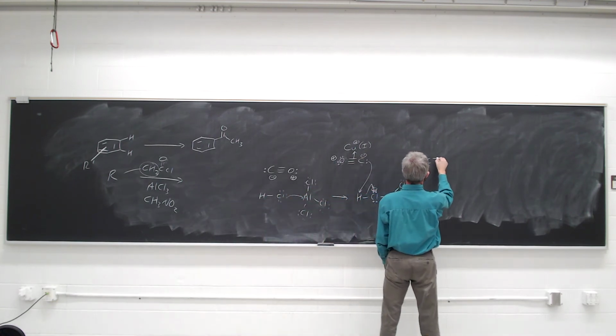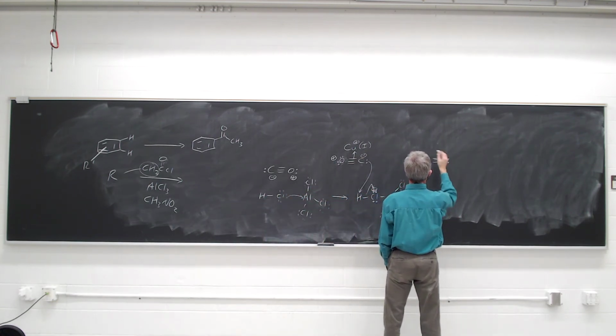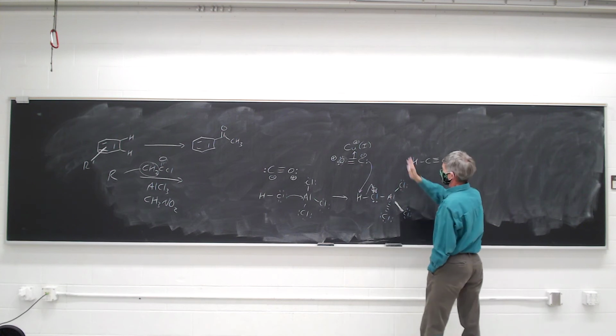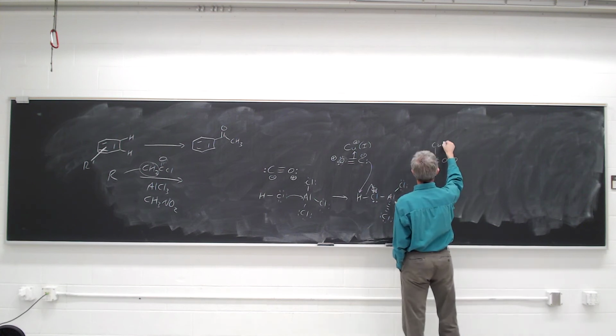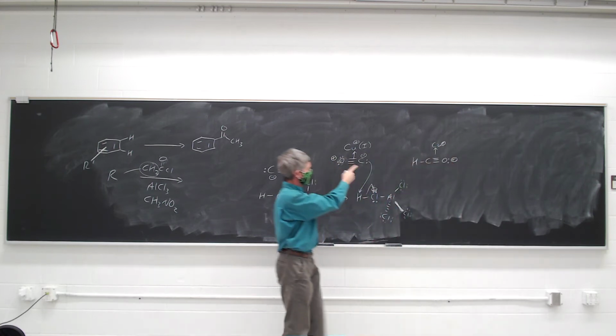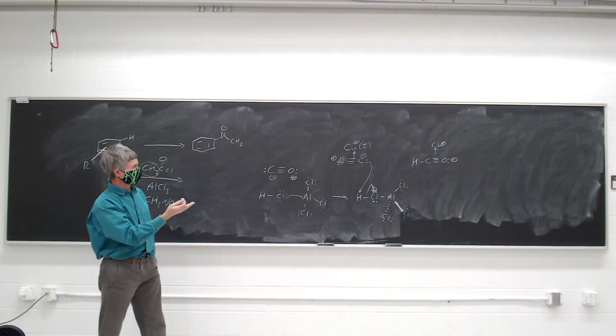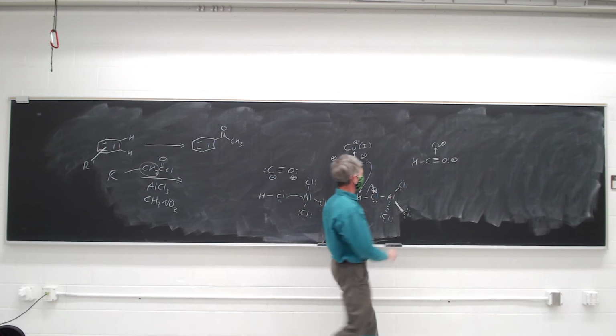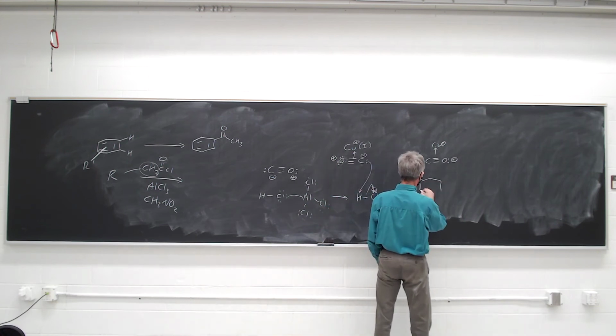Right? So we get HCO plus, kind of bound to the copper still. And then that electrophile reacts with the benzene ring the same way that the acylium ion did.